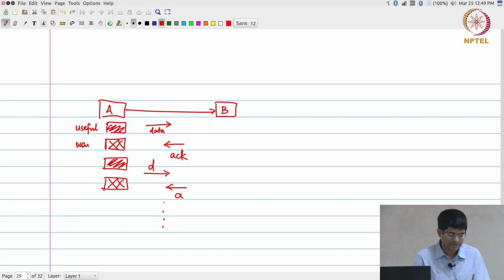Wasted, or if you want to be positive, you can just say you are waiting. Right? So, your effective throughput, the bandwidth with which you can send data, has reduced considerably.